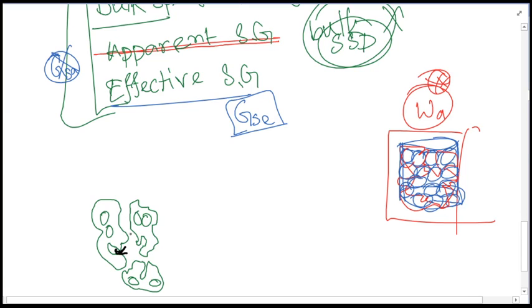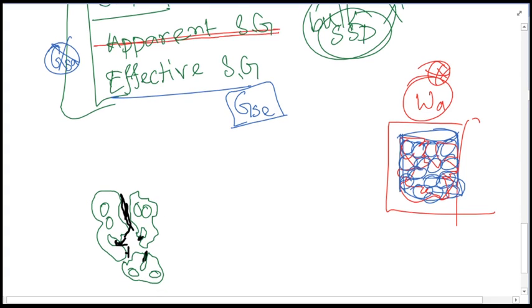So there will be bitumen going up to some portions, and some voids will also be filled with bitumen, as well as the permeable pores.